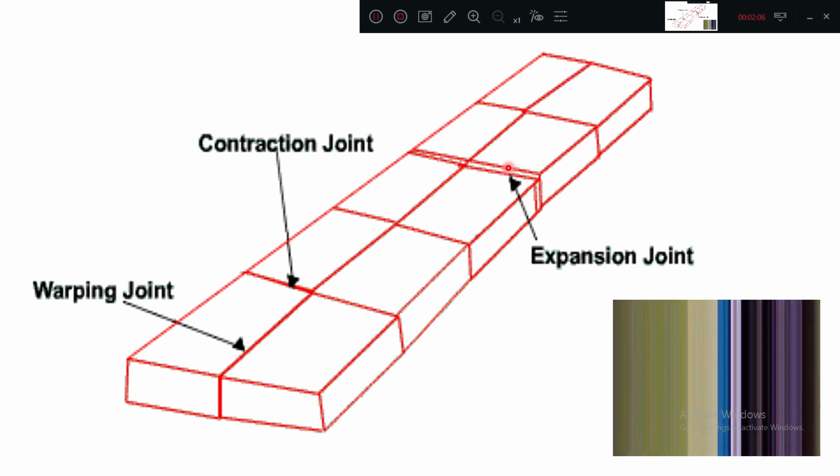Now LE, the spacing, is generally calculated in meters, but this joint width is in centimeters. Wherever we are solving problems or examples, this expansion joint gap, 2 centimeter, 2.5 centimeter, will be in centimeters only. But when you put those values and get the LE value, the expansion joint spacing from here to here, it will be in meters. That is the important point to be noted.